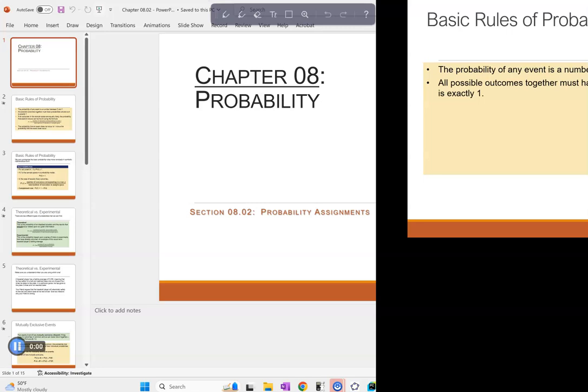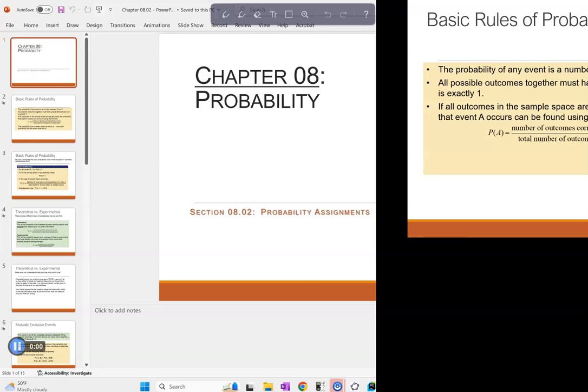Whether you think about the probabilities as decimals or as percentages, either is fine. So if I look at all the possible outcomes, all those outcomes have to add up to be 1 or 100%. Certainly can't have more than 100%, right? And can't have less.